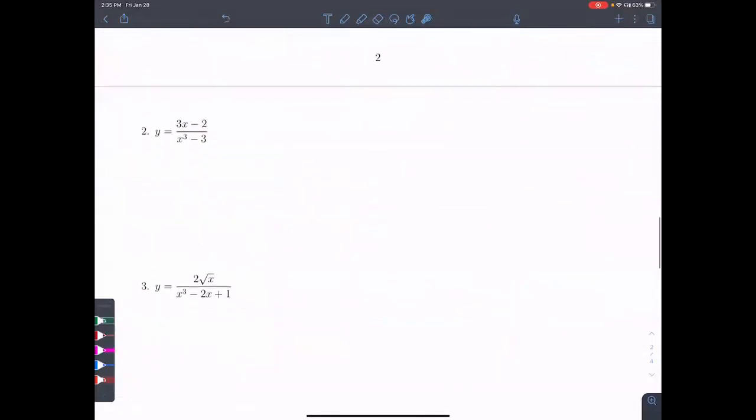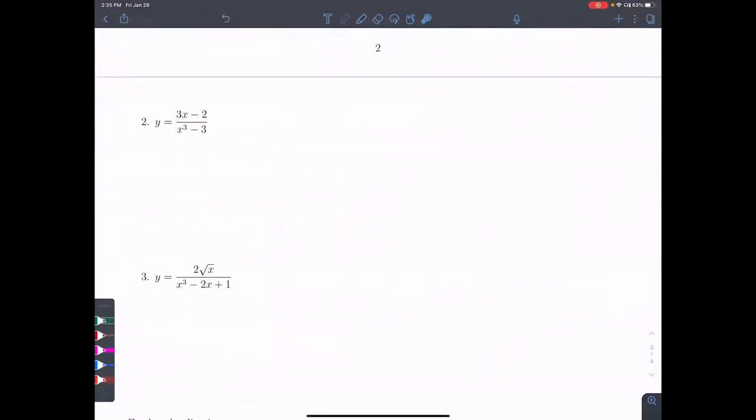So let's keep going. Number 2 is not one that we could have done last week, but we can do it now. So this is f of x over g of x. And we're going to do y prime is low d high, so bottom times the derivative of the top, minus the top times the derivative of the bottom, low d high minus high d low over low low.